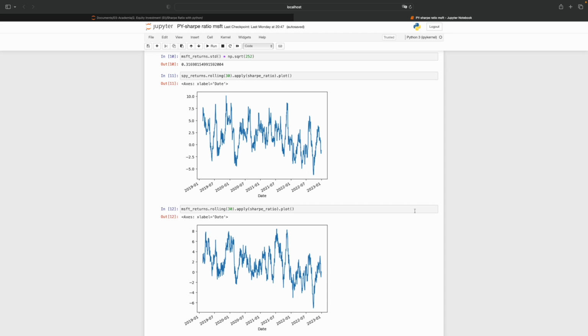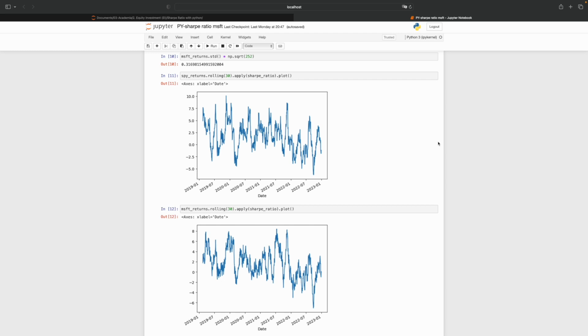As time progresses, the oldest data will be excluded and the latest data point will be included. So to visualize this, we will need the plot method. And as you can see, the fluctuation in the Sharpe ratio is quite significant due to the relatively short 30 days period we have selected.